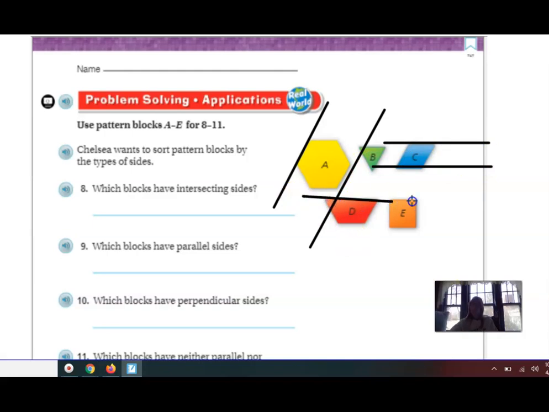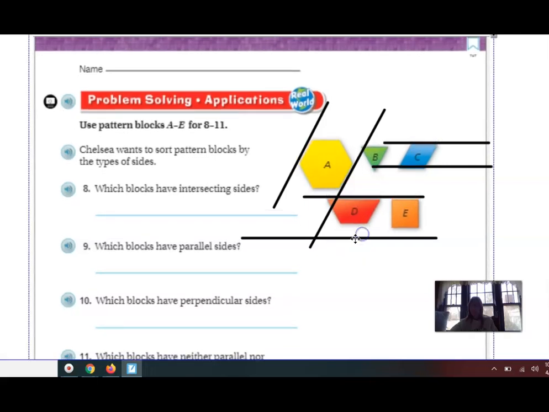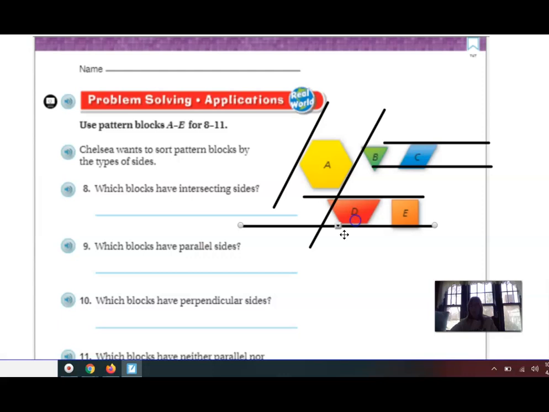If you choose D, that has parallel sides. Oops, sorry, I should have moved that up a little bit. Not really grabbing that very well, am I? There you go.